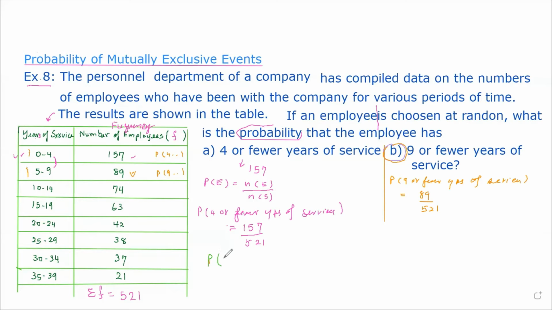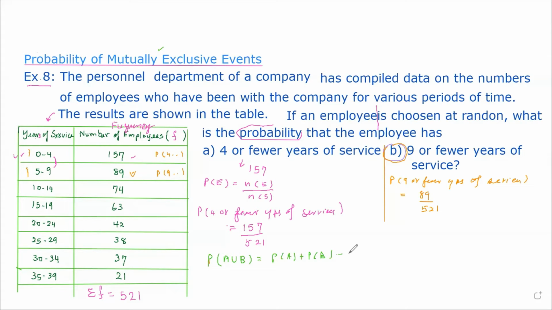You can have a formula, right? P of A union B equals P of A plus P of B. And then for mutually exclusive, because this one has no common outcome or common element, this one is going to be 0.